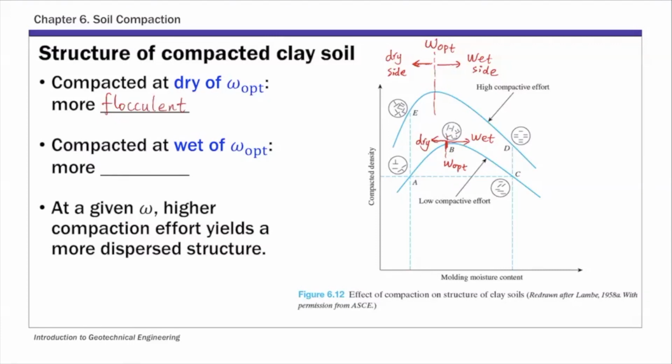And if you're compacting soil on the wet side, meaning the moisture content is higher than the optimum moisture content, then you're going to get a more dispersed structure. Okay. And then if you're compacting soil at a fixed moisture content, then higher compaction effort will yield a more dispersed structure. So that's how compaction affects soil structure.